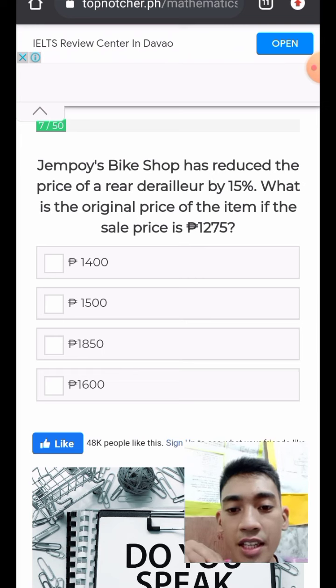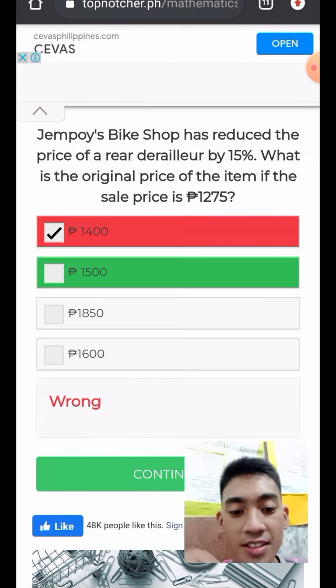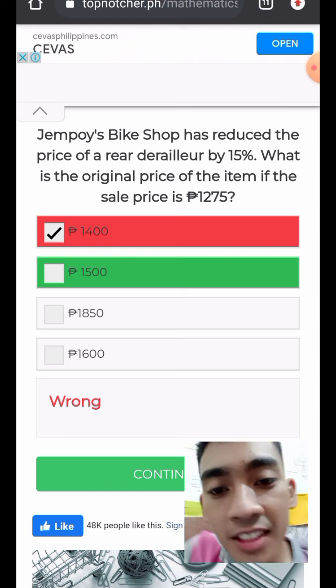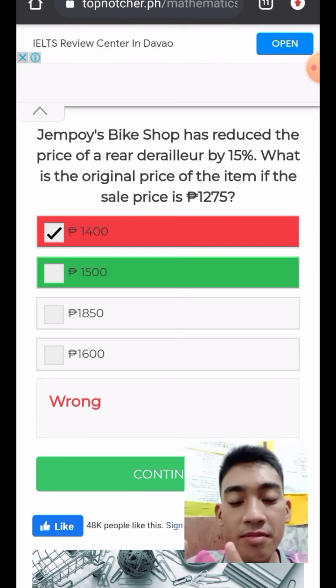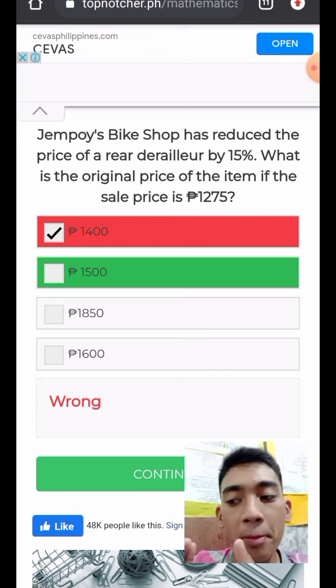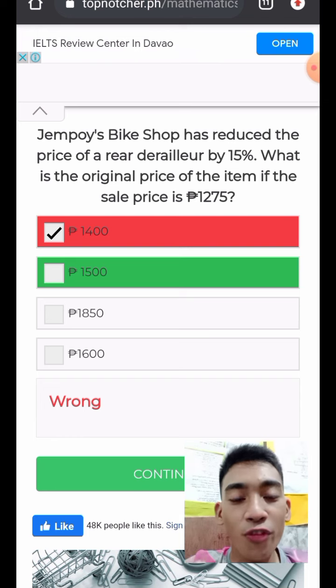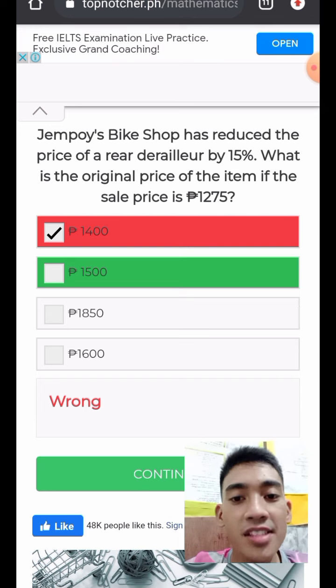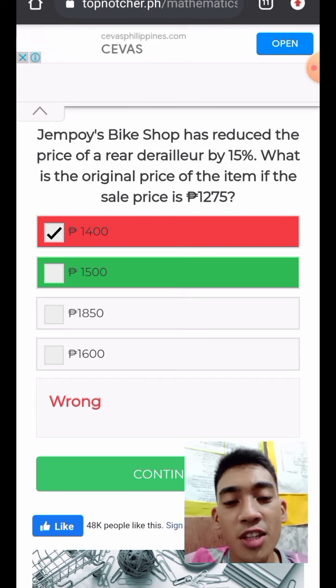Let's try 1,400. Okay, it's 1,500. So again, the original price will be X, multiply it with 0.15, minus the value of your 15%. What's the 15% of the original price? Subtract it and you will get 1,275.